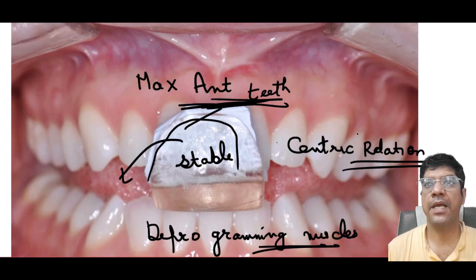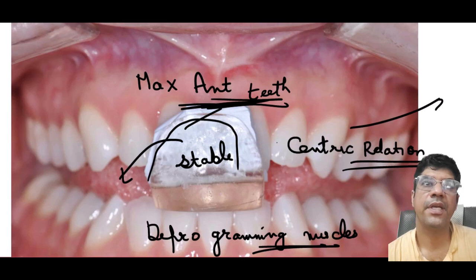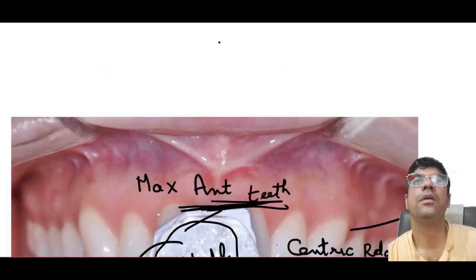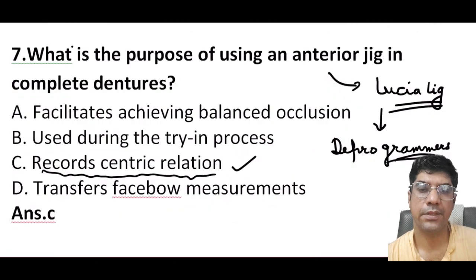That will encourage the condyle to move into the centric relation. The centric relation is recorded for setting up the dentures. So your answer here would be the Lucia jig. It is used to record the centric relation.